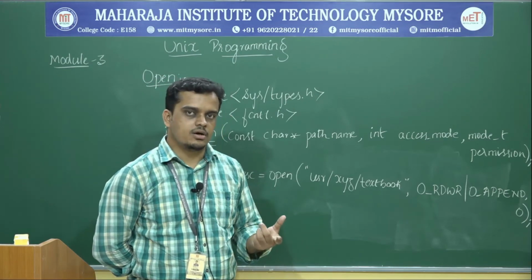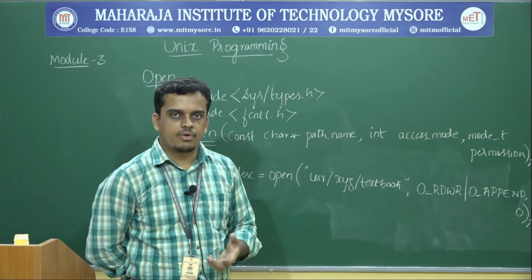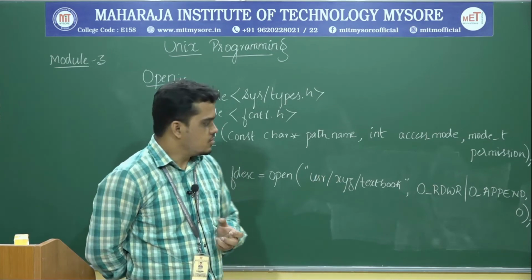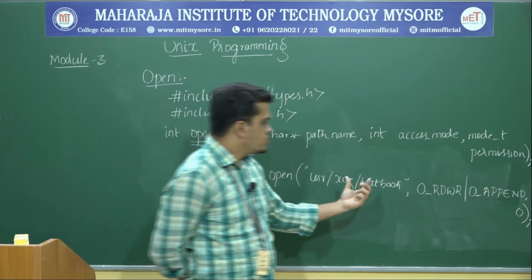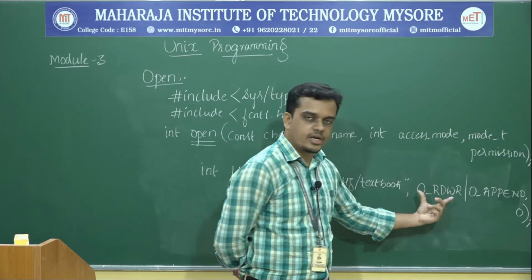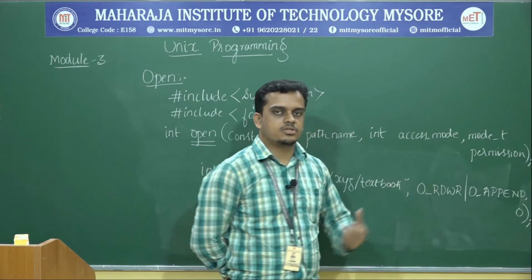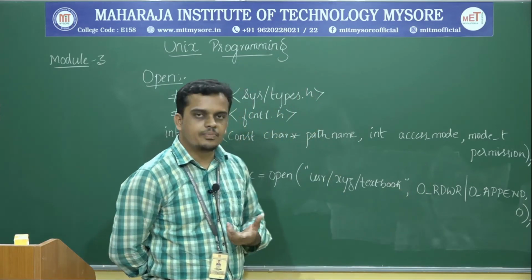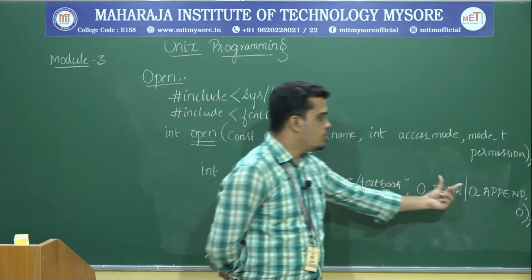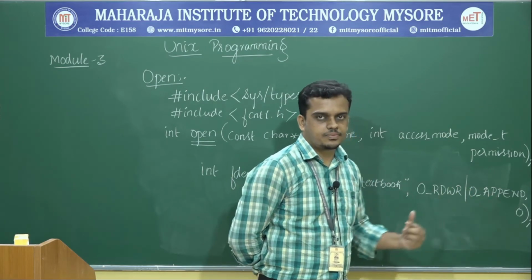In this second argument, you can make use of those six different modifier flags based upon the need of that particular usage. What we are trying to do is, this file called textbook has been accessed in the mode of read and write, and if the newly typed information needs to be appended to the end of the file, to ensure that we make use of the modifier flag called O_APPEND.